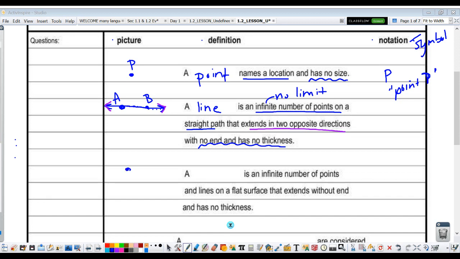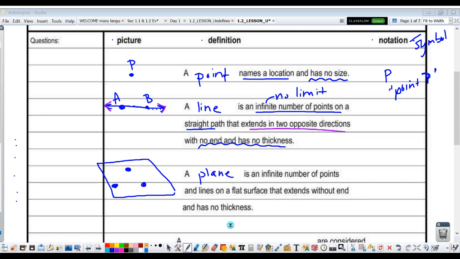The last picture I'm going to draw has not 1 point, 2 points. I'm going to make 3 points that are not together on a line. And when we have 3 points not together on the line, they represent a flat surface. And we call this flat surface a plane.